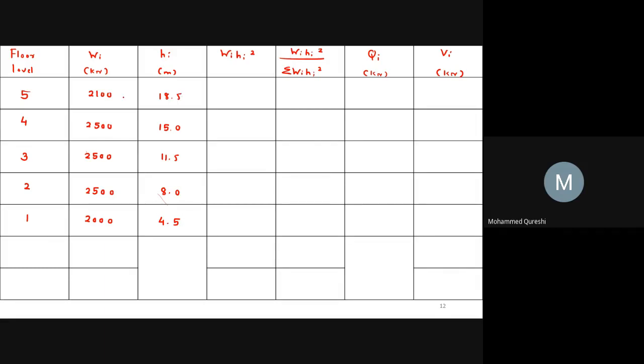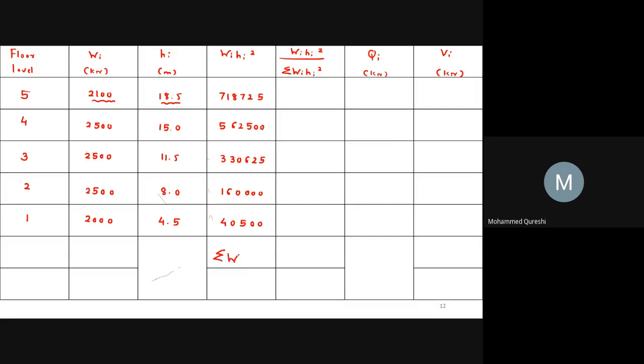So we have to multiply this value with the square of this value. So we will get 718, 725, 562, 500, 330, 625, 160, 000, 40, 500.